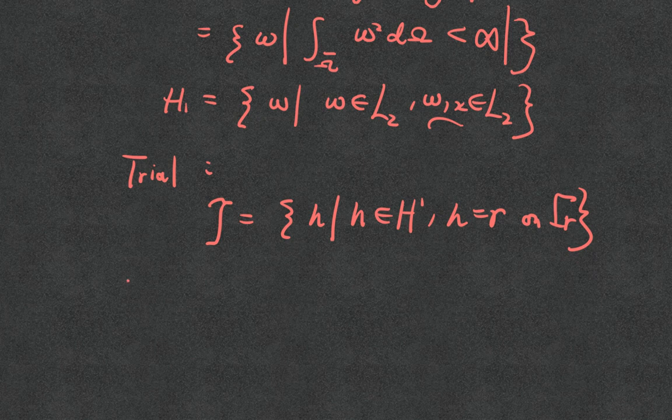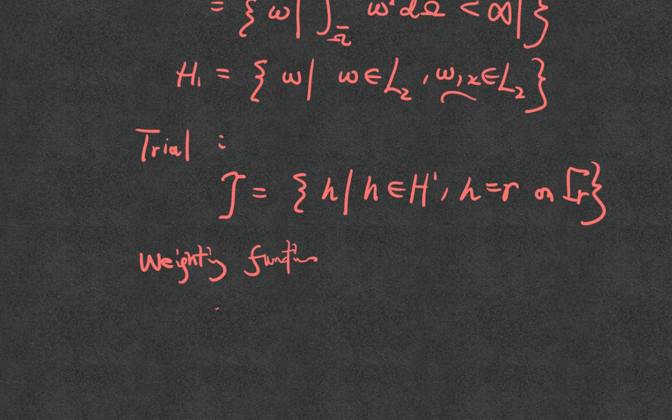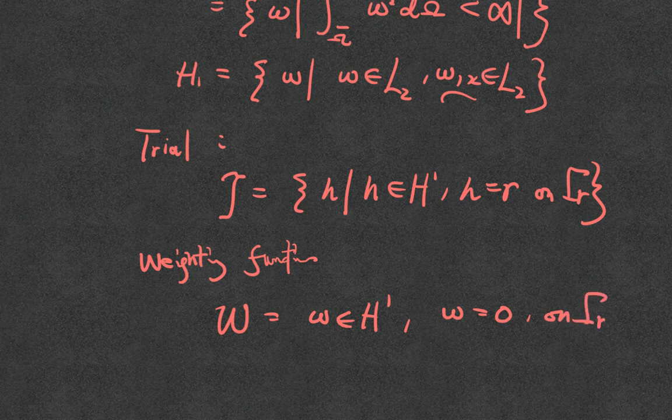And then I will have a weighting function. What is that weighting function? I will write w in H1, and then w equals 0 on the boundary. So why is w equal to 0 on the boundary?